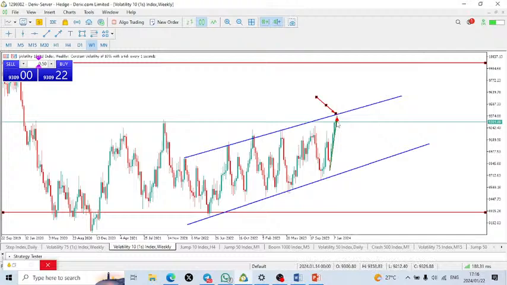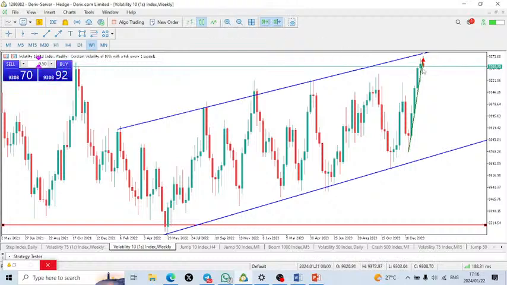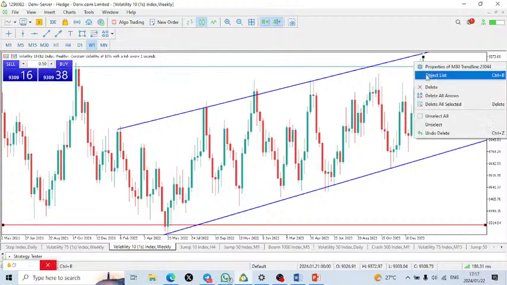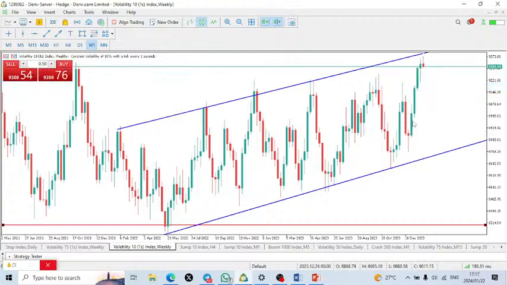So there's a likelihood that we're going to experience bearishness in Volatility 10 1s. If you analyze the candles at this level, we had very strong bullish momentum here and also here. But let's look at last week's candle.